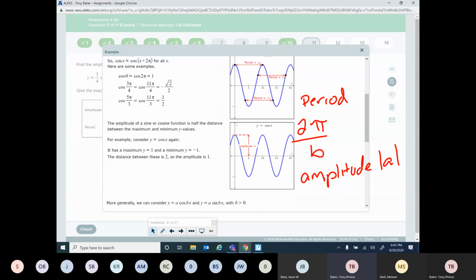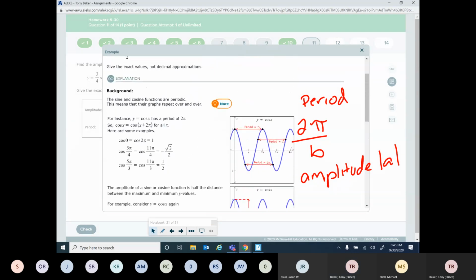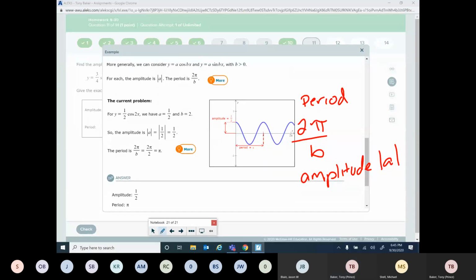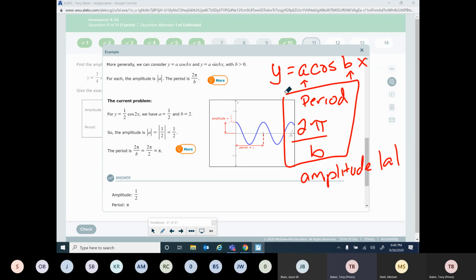When you're looking at your function, the a is what's in front. So it's always y equals a. In this case, they're using cosine, and then it's b x. So that's where we're getting the values. So that's my amplitude, and that's the value I'm going to use to do my period.